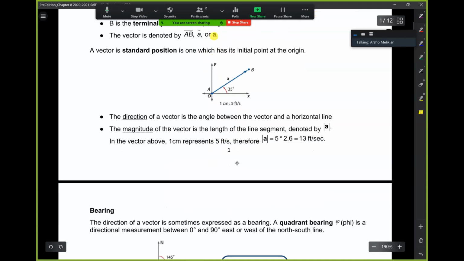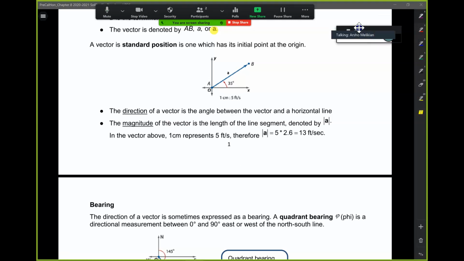So if the initial point was B and the terminal point was C, would the other way of writing it be a lowercase b? Oh no, the little a is independent of the letters. I could have called it little h.